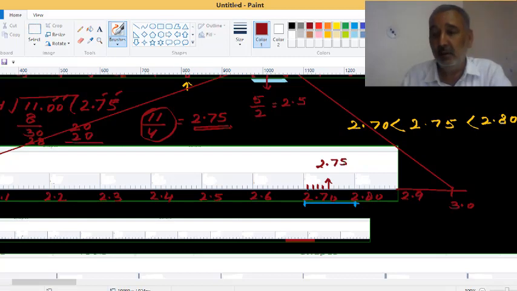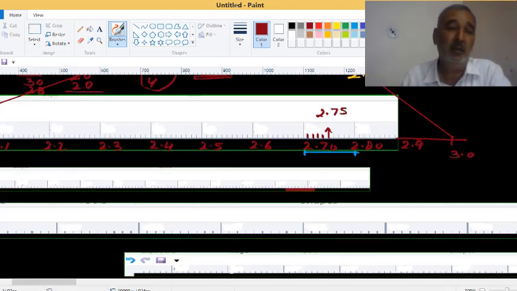Now let's take the case of 3 places of decimal. I have some magnification on my screen. I have to represent 2.754. Where is 2.7?